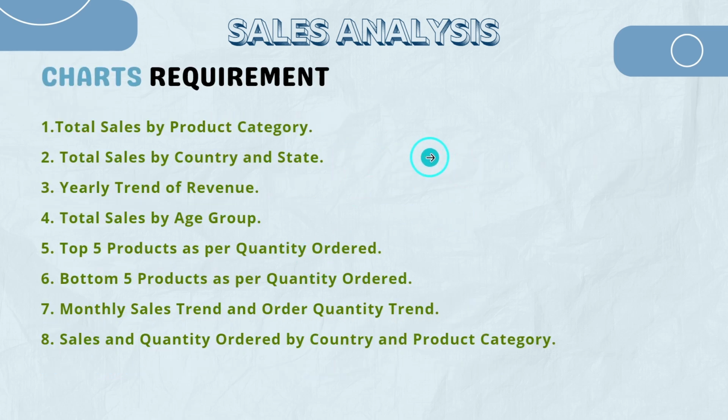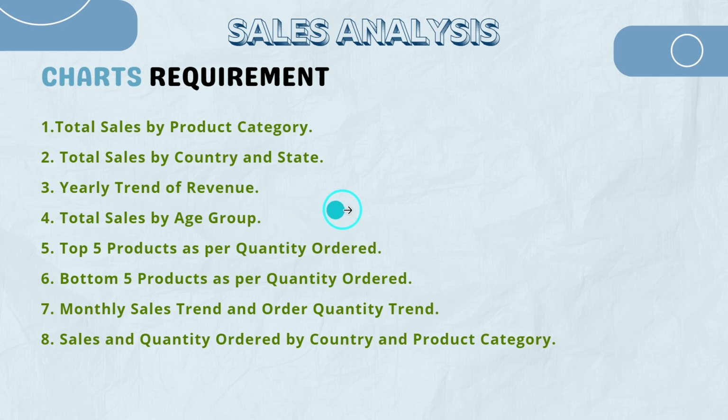Next comes the chart requirement. So these are the charts or the visuals which are required to be created in the report. The first one is the total sales by product category. Then is the total sales by country and state. Then we have to show a yearly trend of the sales. We also have to show sales by age group, so we will have to create age groups based on the age of the customers.